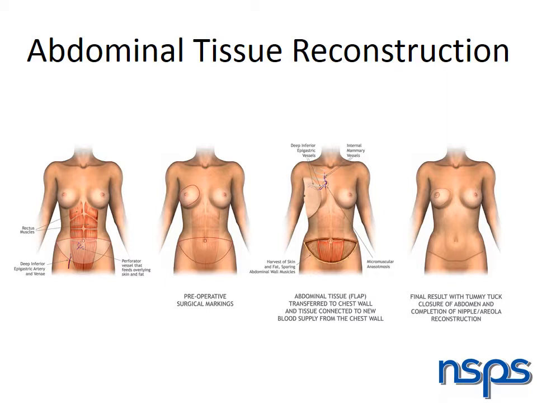The blood supply is disconnected at the abdomen and reconnected at the chest through the use of a microscope. This type of reconstruction most commonly does not require an implant. After surgery, you will have a scar hip to hip along the abdomen, around the belly button, and a patch of skin on the chest. Abdominal tissue is the most natural appearing reconstruction and is less likely to require surgery for symmetry if you are only reconstructing one breast.